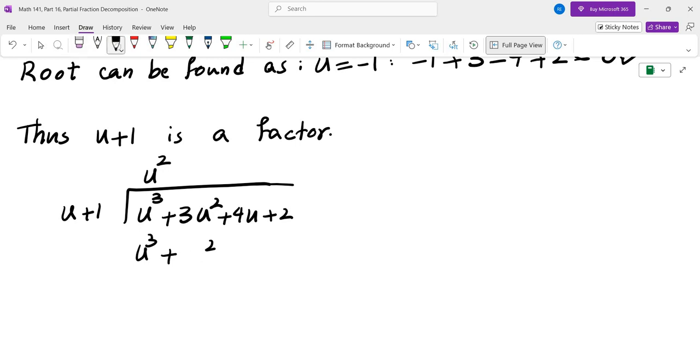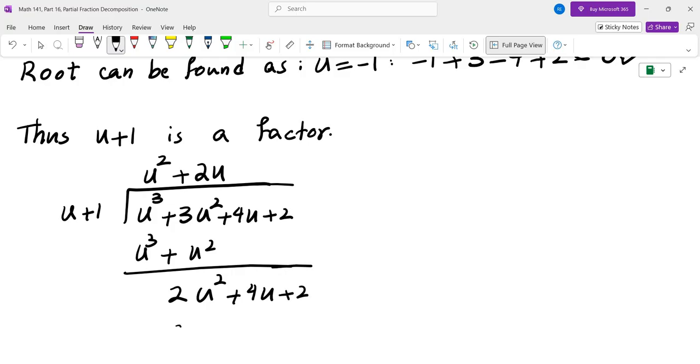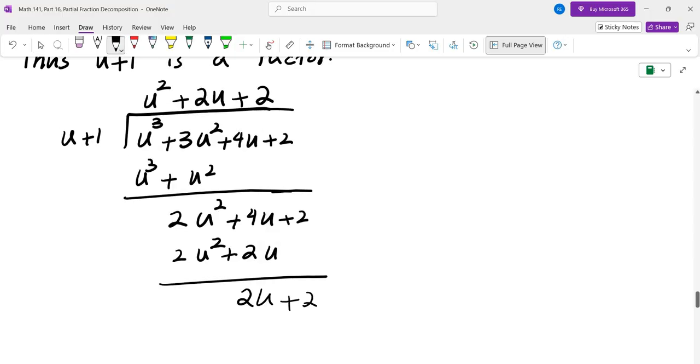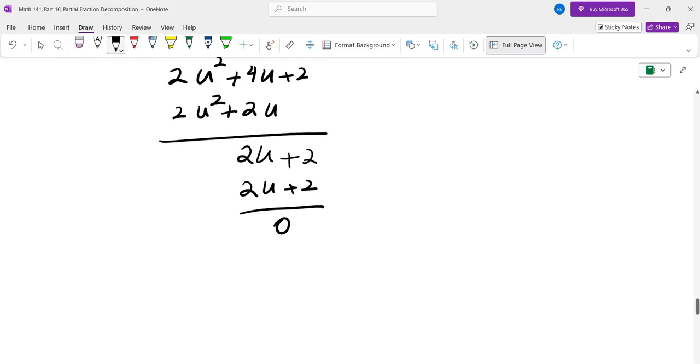We are going to subtract to get 2u squared plus 4u plus 2. Divide 2u squared by u, we get plus 2u, 2u squared plus 2u, subtract, and we get 2u plus 2. Divide, and we get plus 2, multiply, we get 2u plus 2, and of course the remainder is 0.